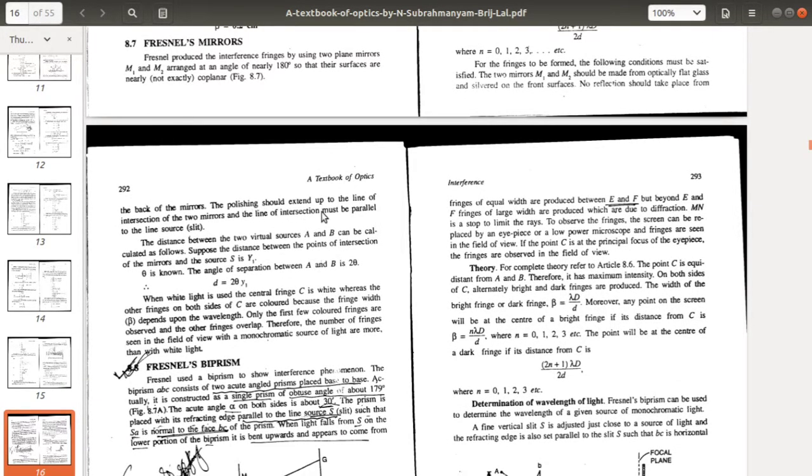The polishing should extend up to the line of intersection of the two mirrors, and the line of intersection must be parallel to the line of the source.